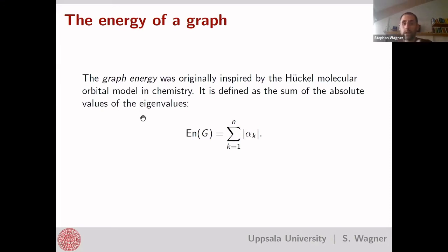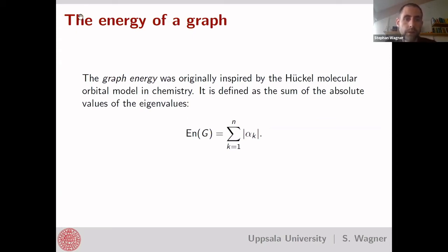The first one will be the graph energy, and the second one will be the spectral radius. And I will tell you a little bit about the kind of results around these graph parameters that people have been investigating, including some more recent problems and even maybe the odd unsolved problem.